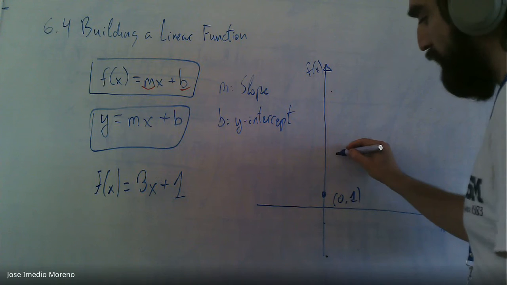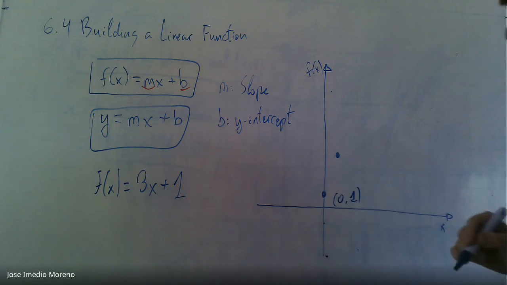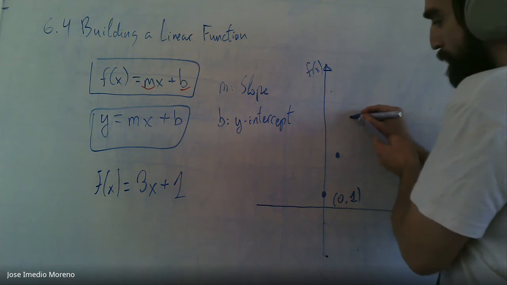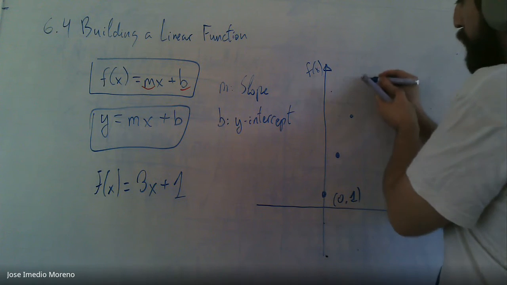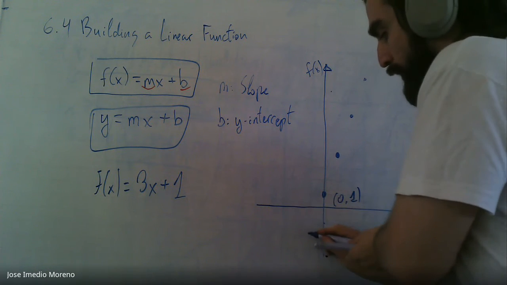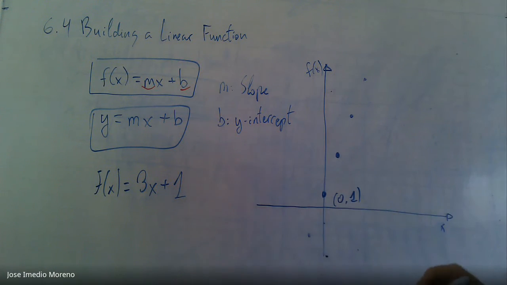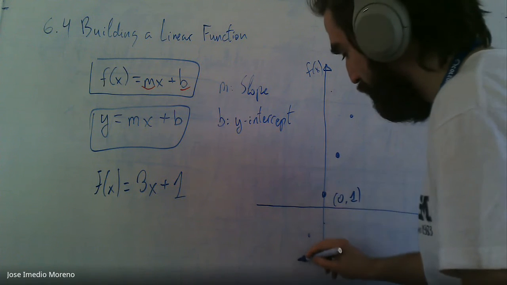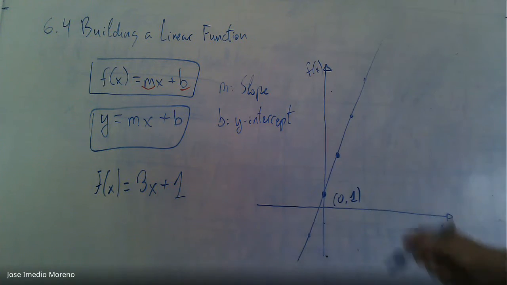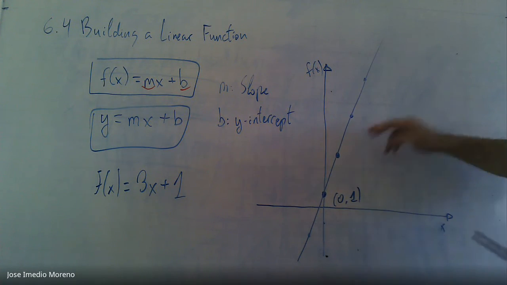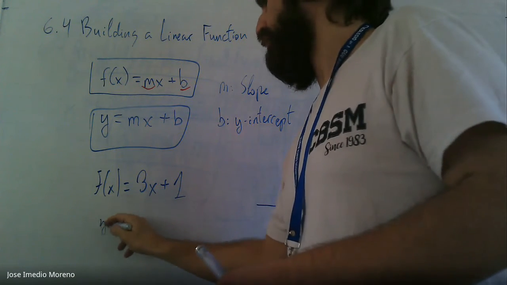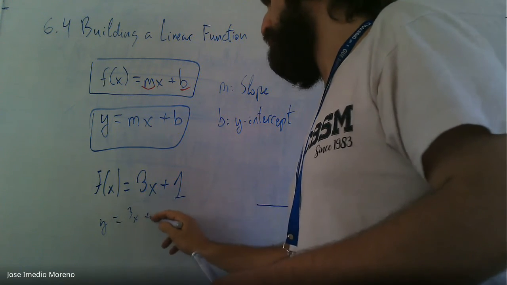If I do that, I will have the next point. 1 to the right, 3 up. Next point. 1 to the right, 3 up. Same thing backwards: 1 to the left, 3 down. And that gives me my straight line. This line is f of x equals 3x plus 1, or y equals 3x plus 1.